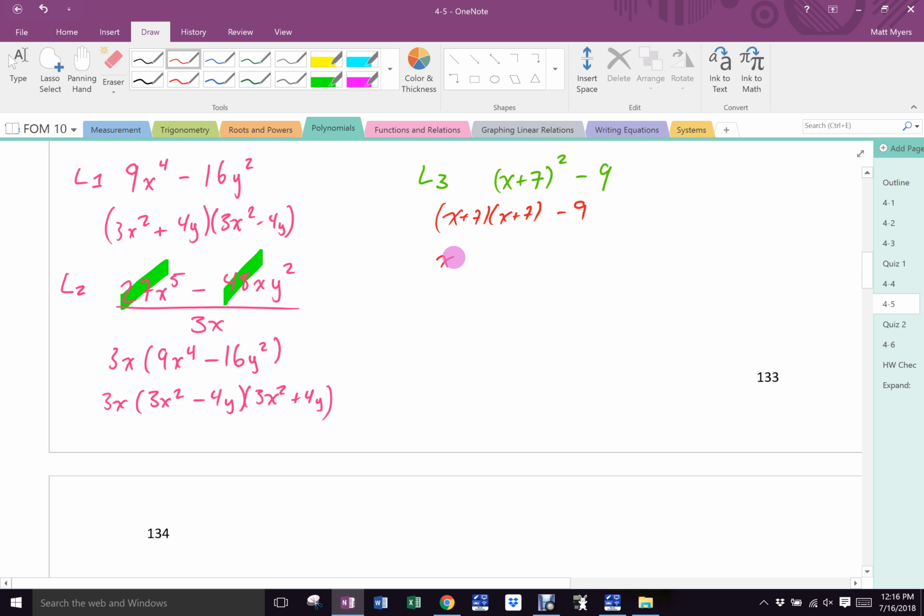Then they get x squared plus 14x plus 49 minus 9, x squared plus 14x plus 40. Then they have to multiply to 40 and add to 14. So it's 10 and 4. So they do x plus 10 and x plus 4. Phew! Lot of work.